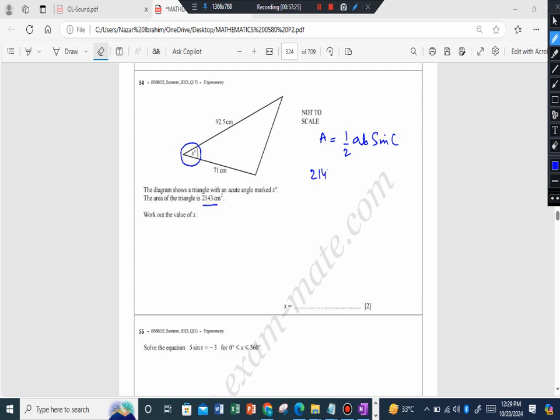The area value is 2143. So 2143 is equal to half, a is equal to 71, whatever we can keep as a and b, it's not fixed, then 92.5, and the angle sine x. So 2 will go over there, 2143, and 71 and 92.5 will come directly over here.